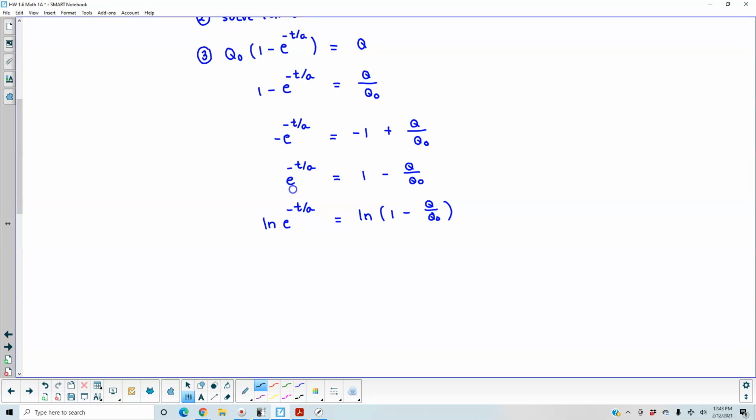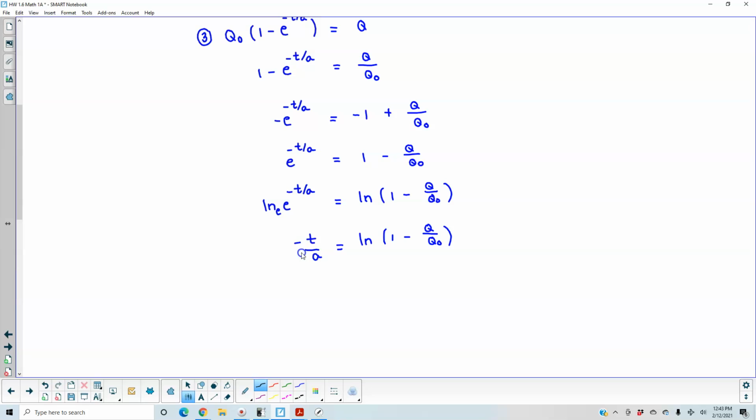So over here, we can factor out the negative t over a, so it's negative t over a, which is equal to the natural log of 1 minus q over q subscript 0. And now we can multiply both sides by negative a to solve for t. So t is going to equal negative a times the natural log of 1 minus q over q subscript 0.